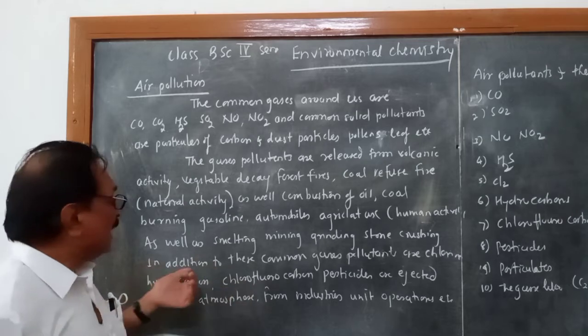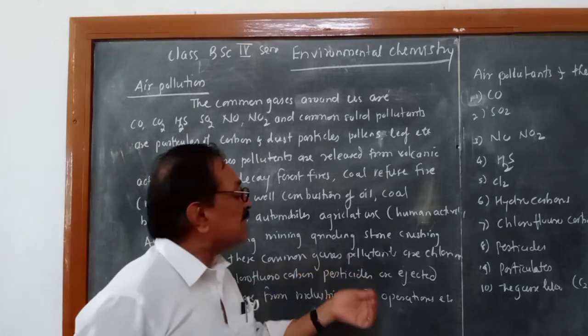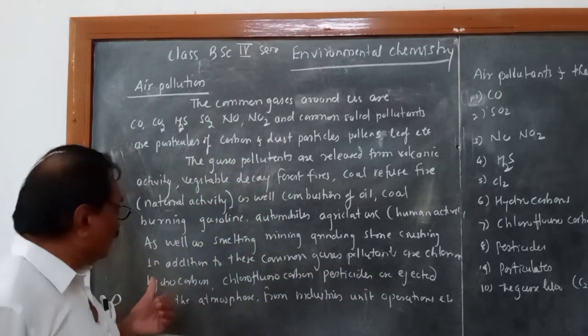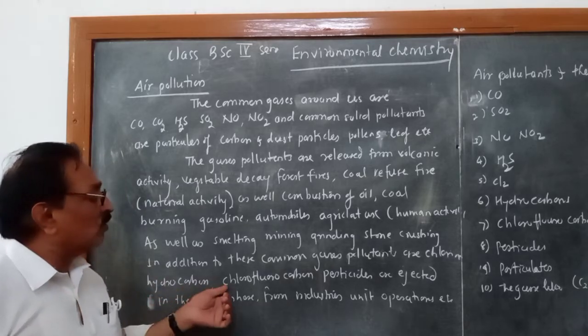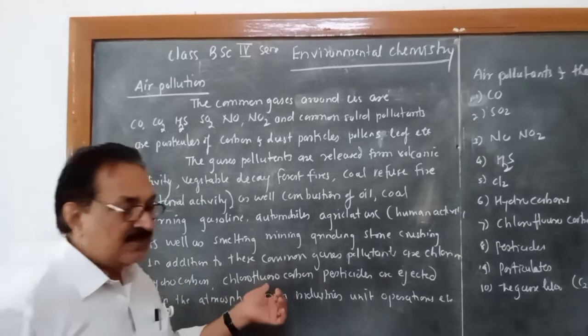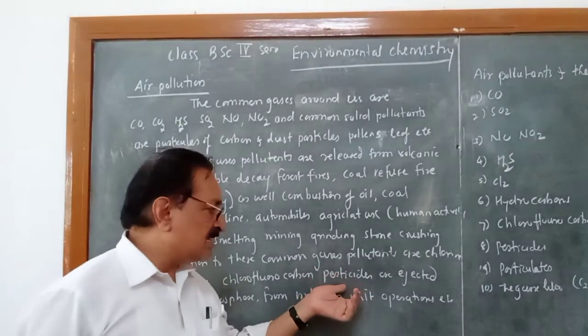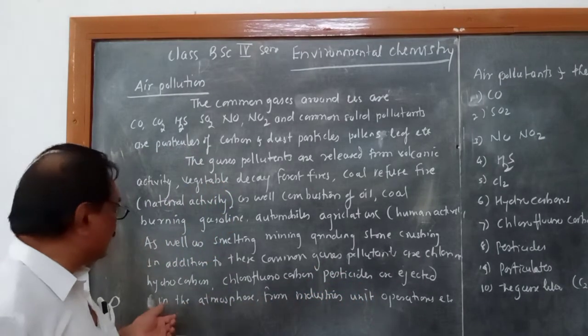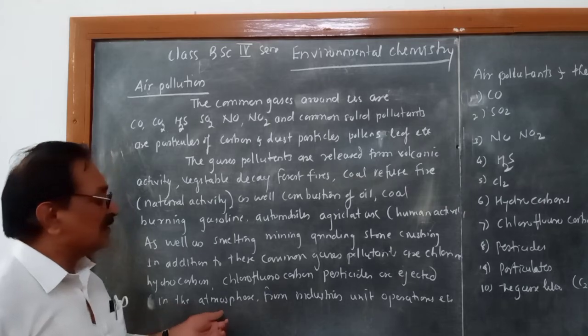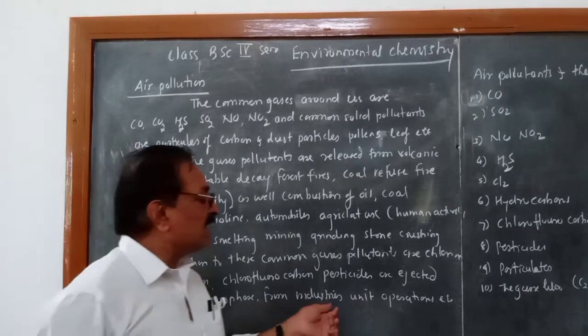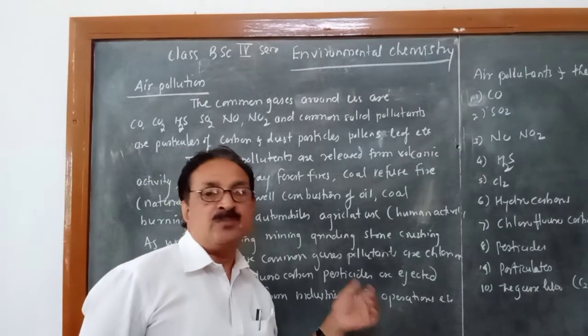In addition to these, the common gaseous pollutants are chlorine, hydrocarbon, chlorofluorocarbon. These gases are present in the atmosphere. Even the pesticides are ejected in the atmosphere from industrial unit operations and unit processes.